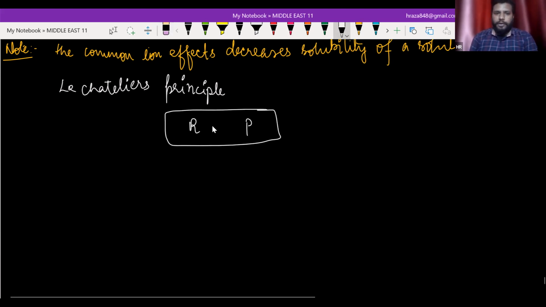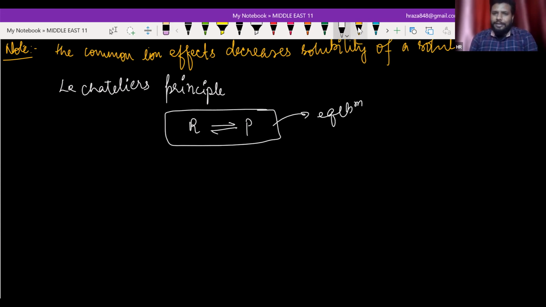We are studying equilibrium, so it is a reversible reaction, and I'm telling you that this is at equilibrium. At this stage, you are going to add some concentration of a reactant into this reaction. What will happen? This is at equilibrium. If it is at equilibrium, it will try to maintain its equilibrium, so it will move in forward direction.